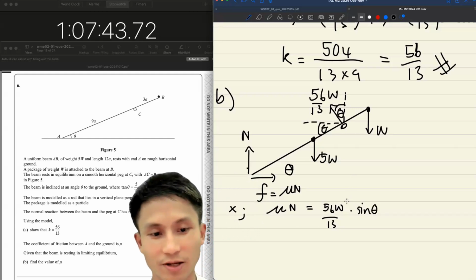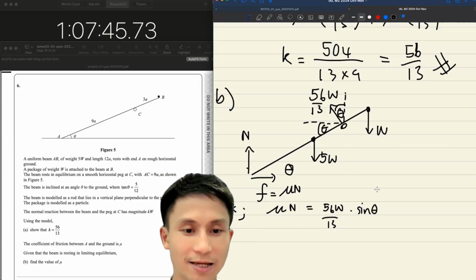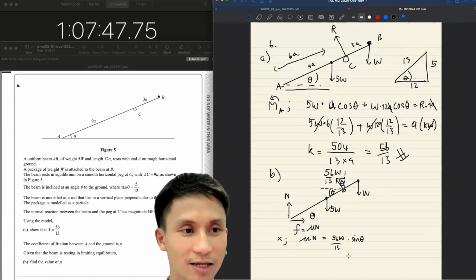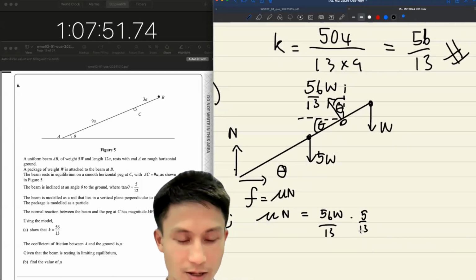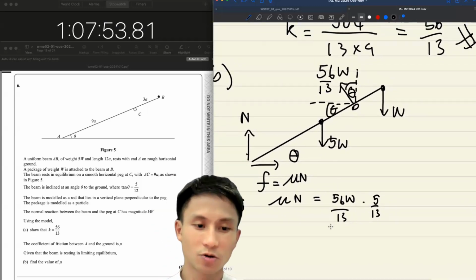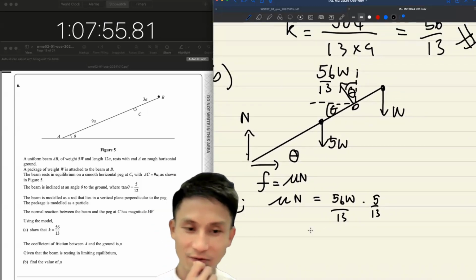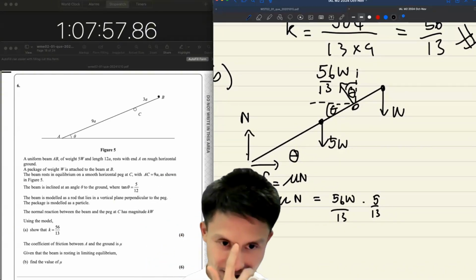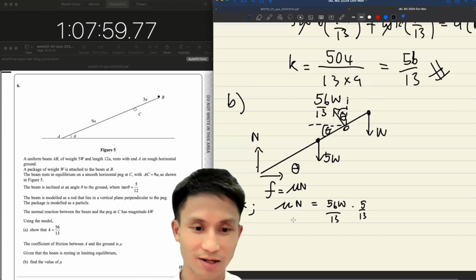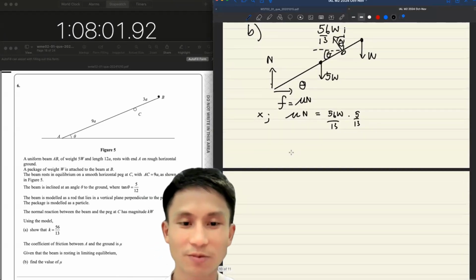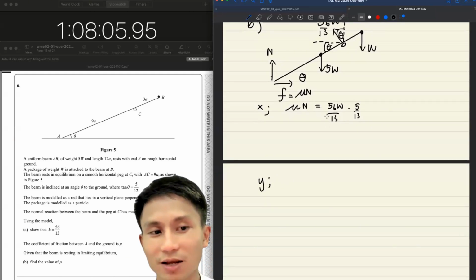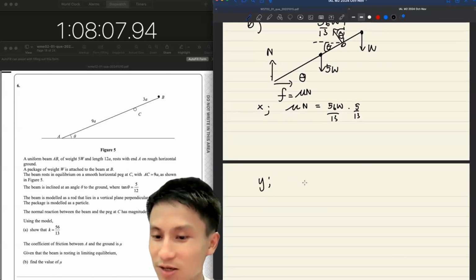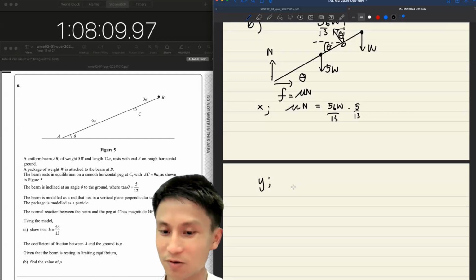Sine theta is 5/13. So we get the N for this. We're going to solve simultaneously, but let's wait for that. We're going to keep it as that first. You don't need to simplify yet because if you don't have any plan, just keep it like that. That'd be my recommendation.